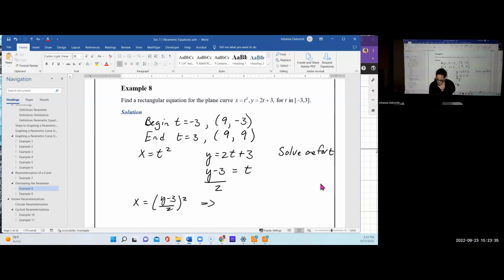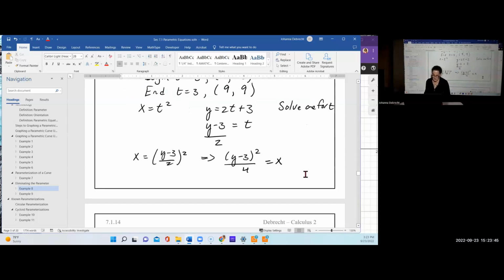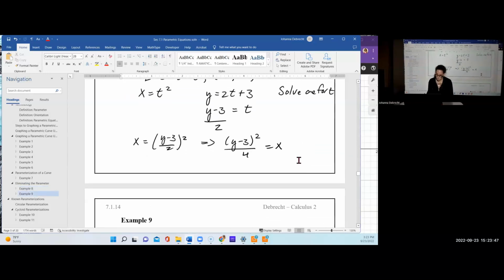So I have y minus 3 quantity squared divided by 4 equal to x. And I can move the 4 to the other side, and then I get y minus 3 quantity squared equal 4x, right? Which of course is the equation for a sideways opening parabola, right?